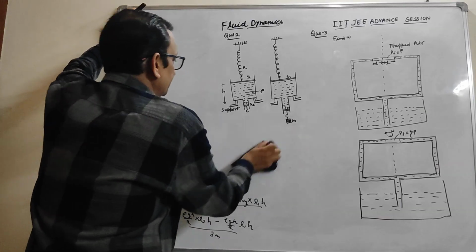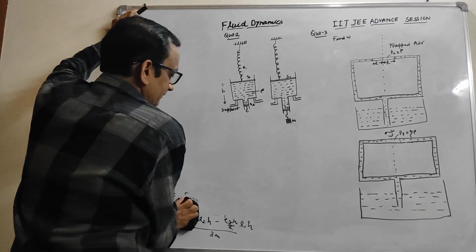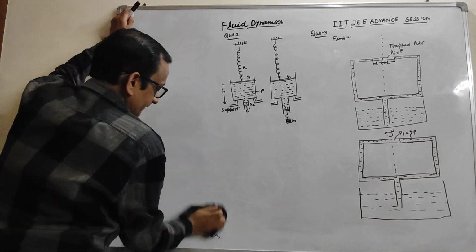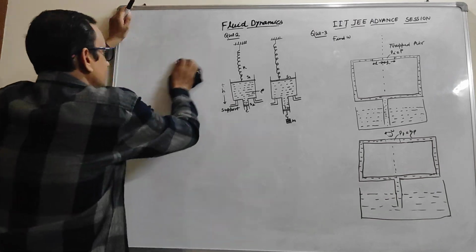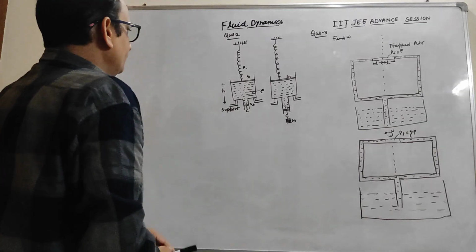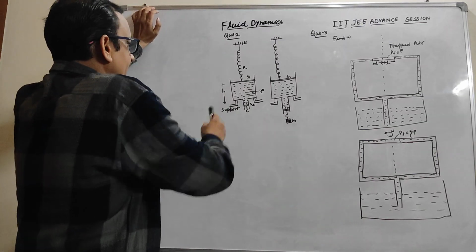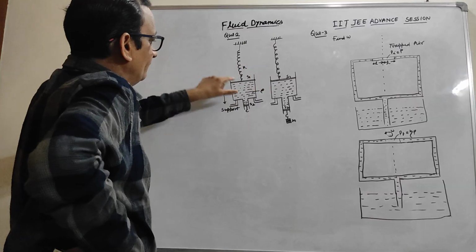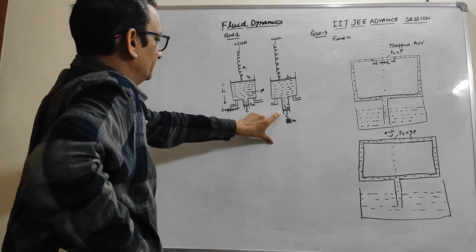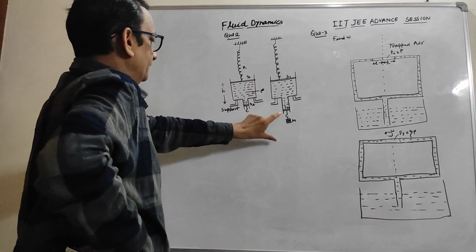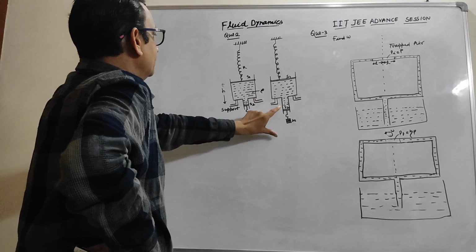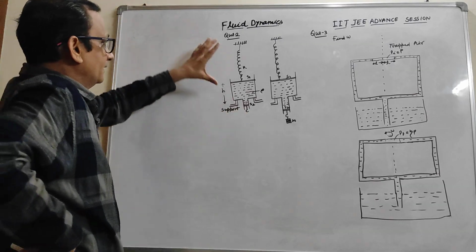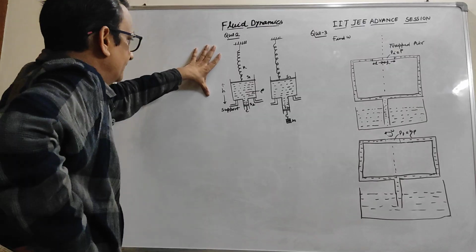S1 and S2 are both massless pistons, and in this scenario we have to find the change in extension when the mass m is attached here. The initial condition is this.